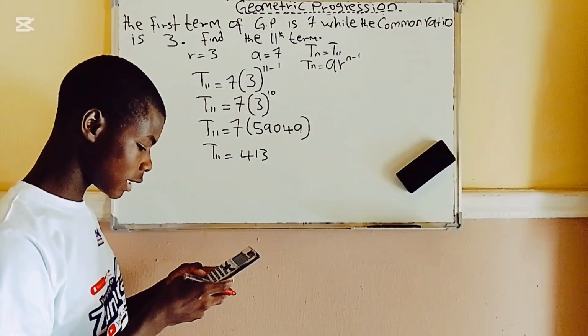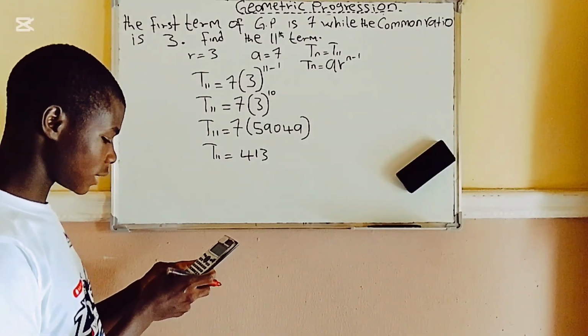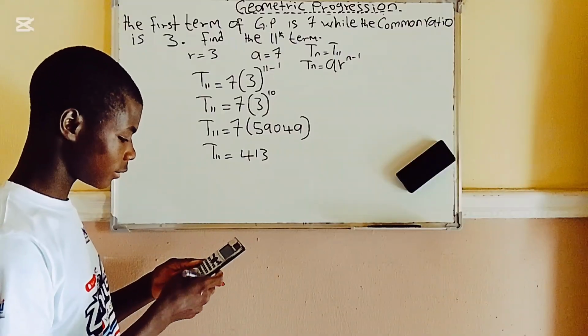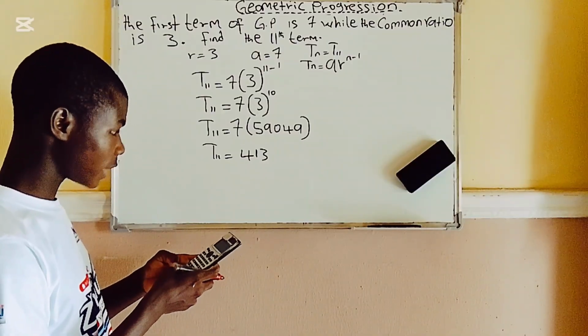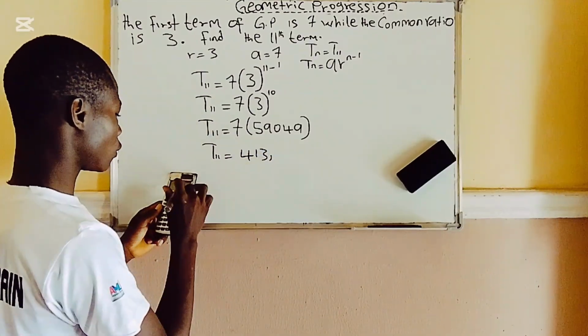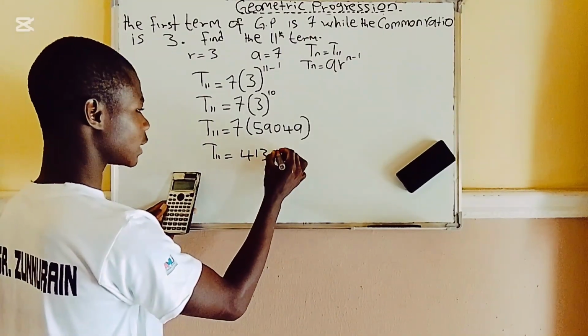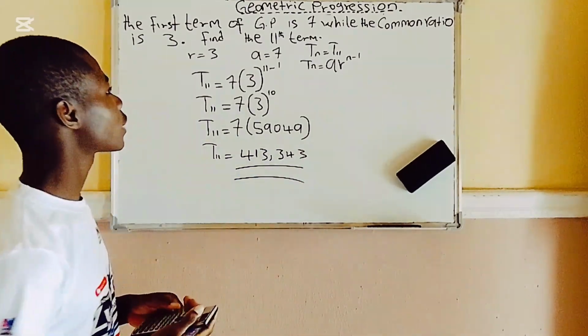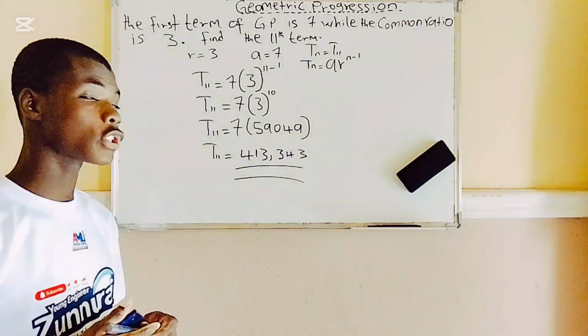Let me calculate it and see. 7 multiplied by 59049 will be equal to 413,343. So this is the final answer for this question.